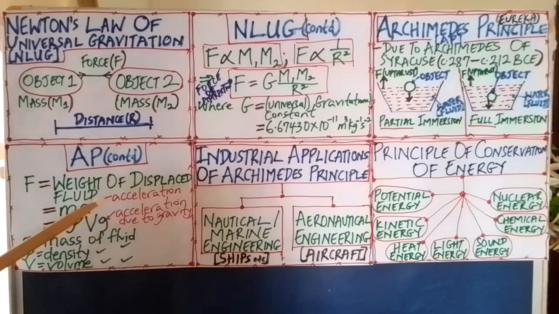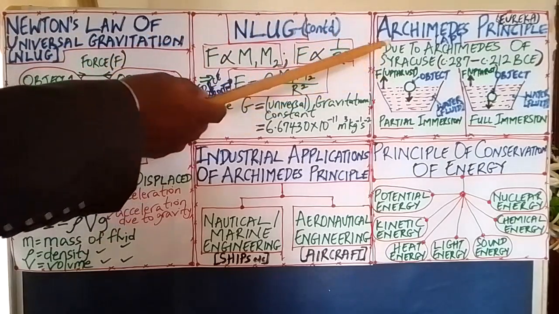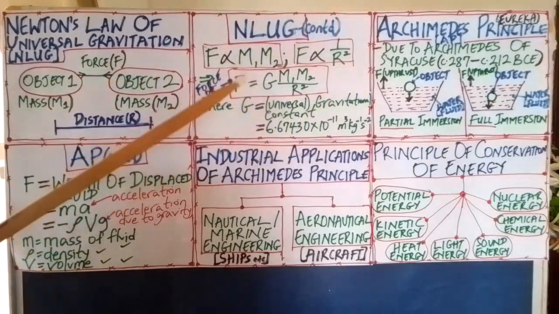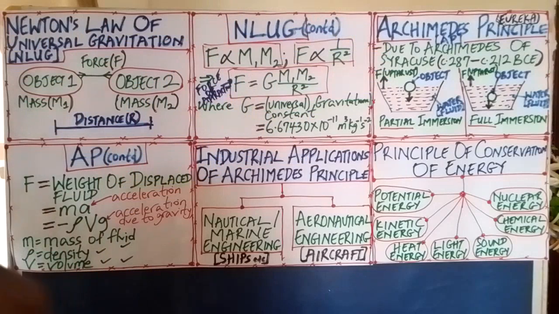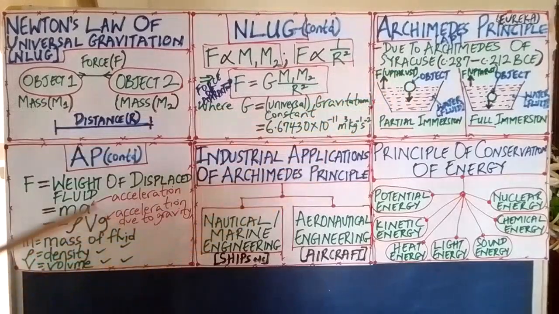It looks commonsensical, but at that time it was not as simple or as easy to perceive as we find it now. It's like you take a bucket of water and throw a stone inside, and you discover that some volume of water comes out of the bucket. That is what Archimedes' principle is trying to explain. So the force is equal to the weight of the displaced fluid.